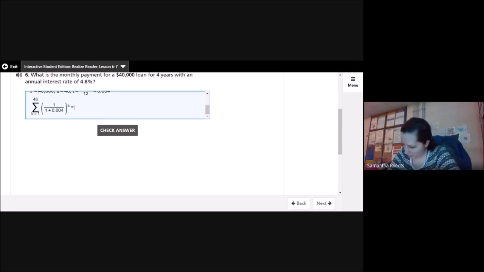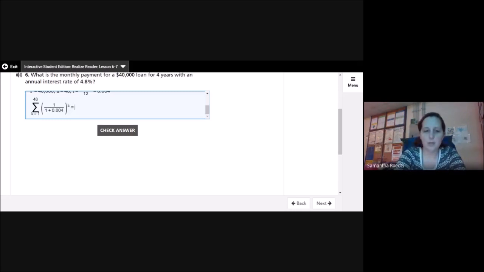When I actually solve for this, 1 divided by 1 plus 0.004 gives me approximately 0.996. So my ratio and my a sub 1 in the series is 0.996.